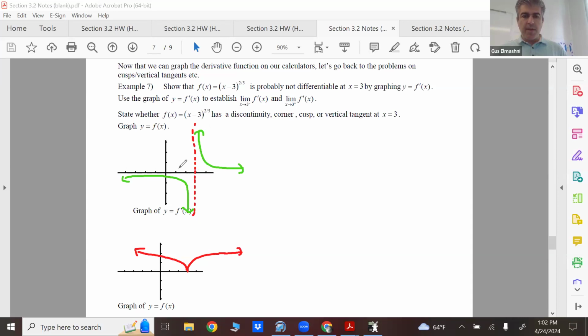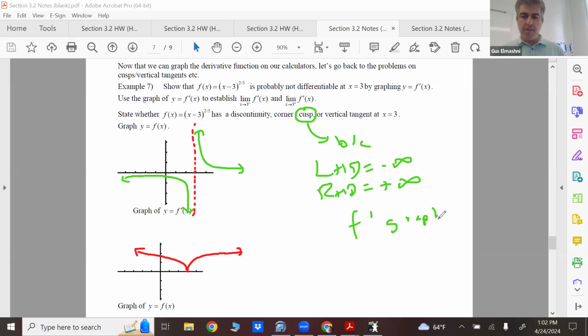So you have to interpret this correctly. The way we see this, we definitely have a cusp. And that's because the left-hand derivative is negative infinity, the right-hand derivative is positive infinity. And on the f prime graph, the y coordinates are f prime values.